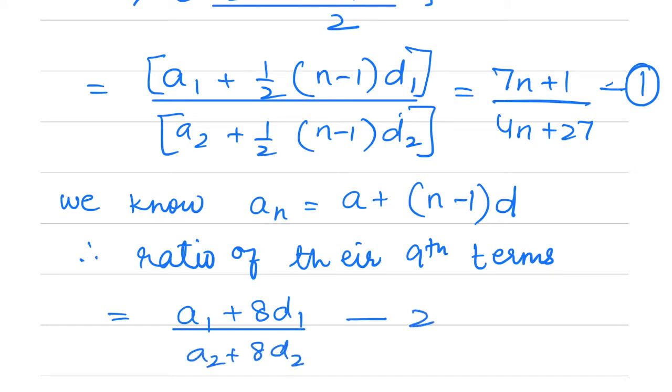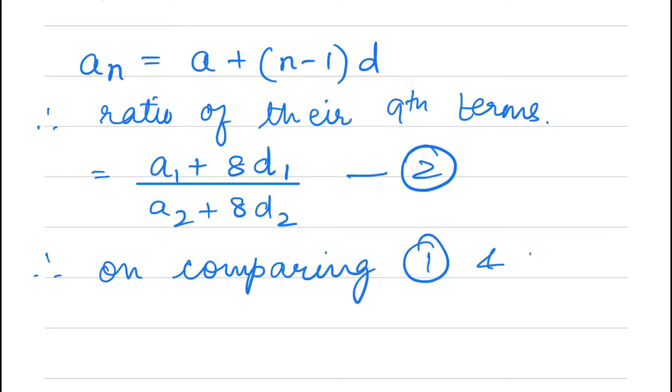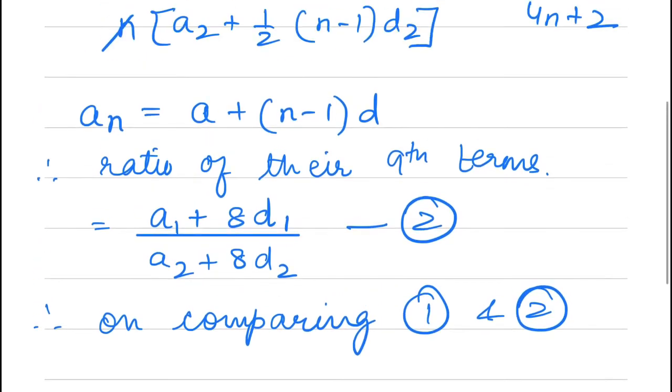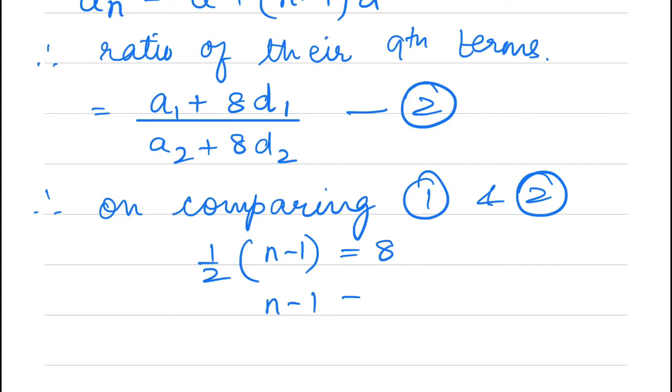This be the second equation. Therefore, on comparing the first and second equation, we have half into n minus 1 is equal to 8. So n minus 1 is equal to 16, n is equal to 17.